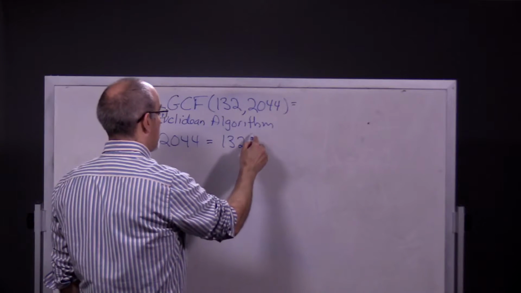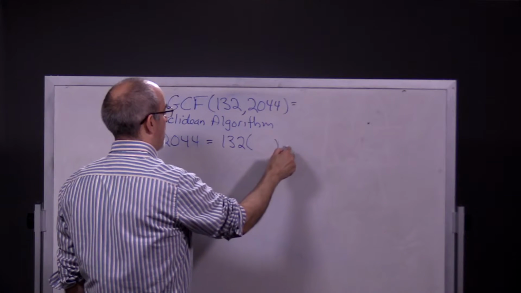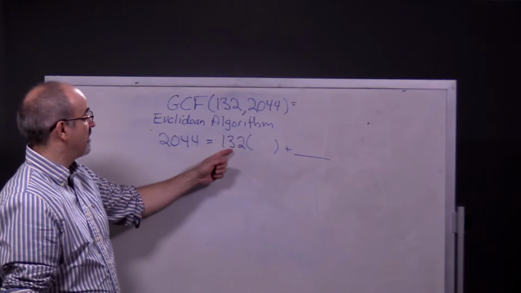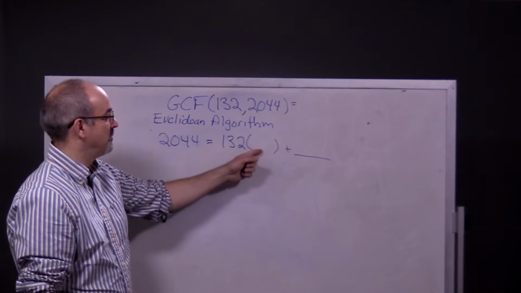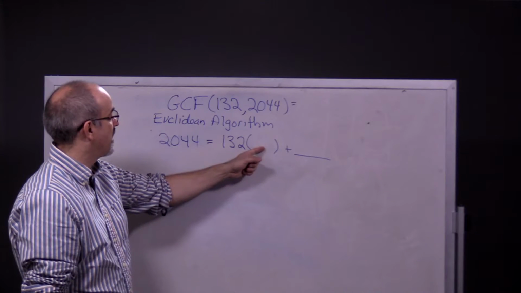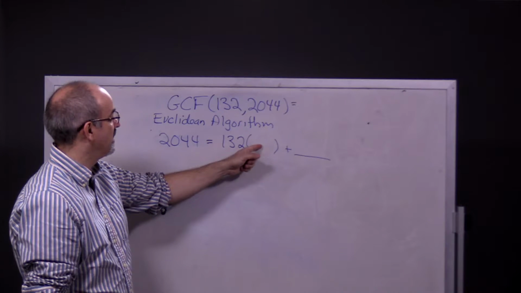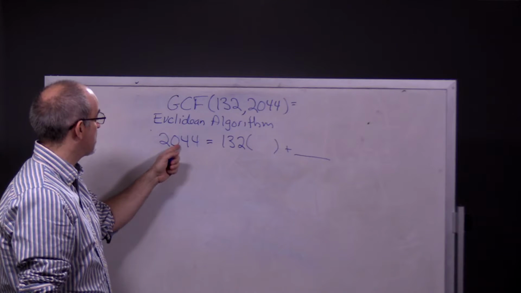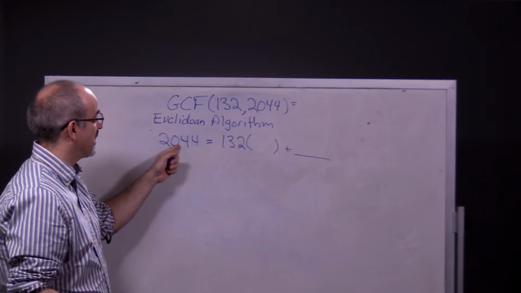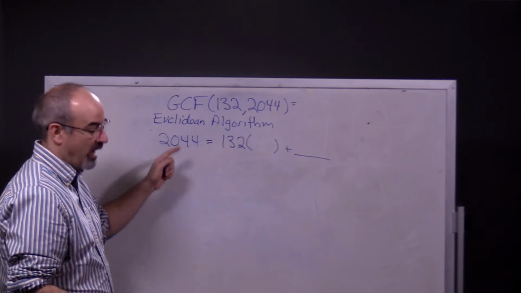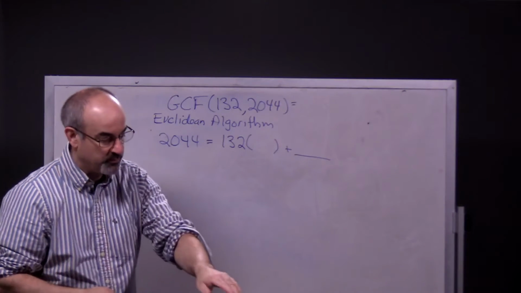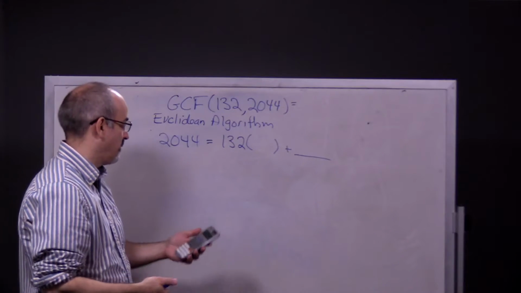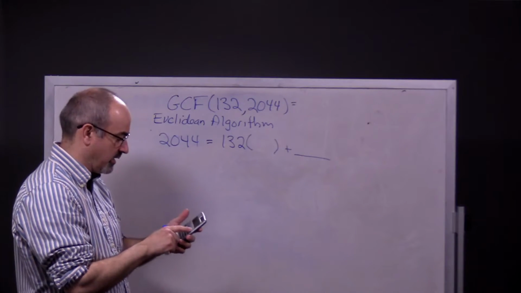Then you're going to ask yourself, what number do I put here to multiply by this to get as close as possible to this without going over, like The Price is Right, sort of.